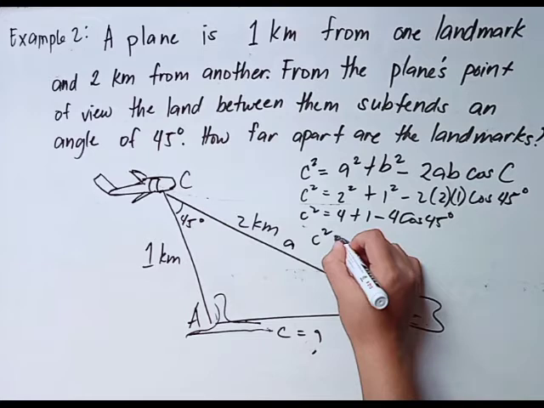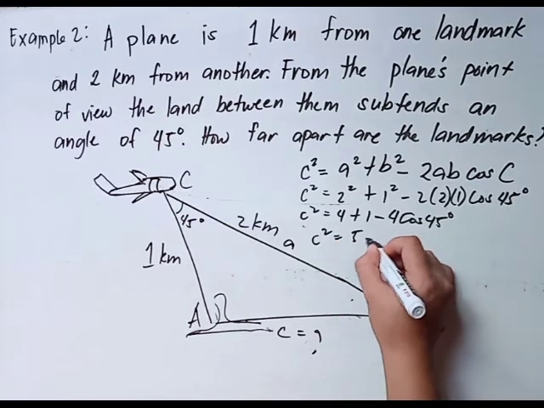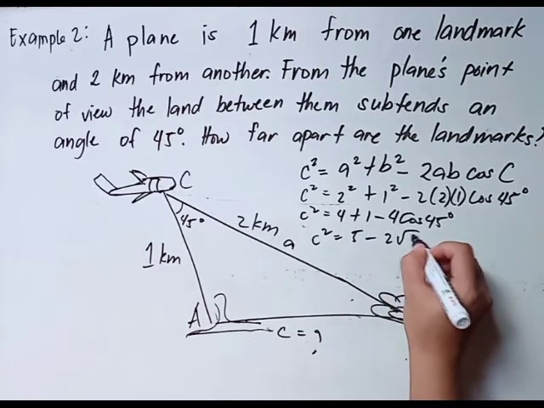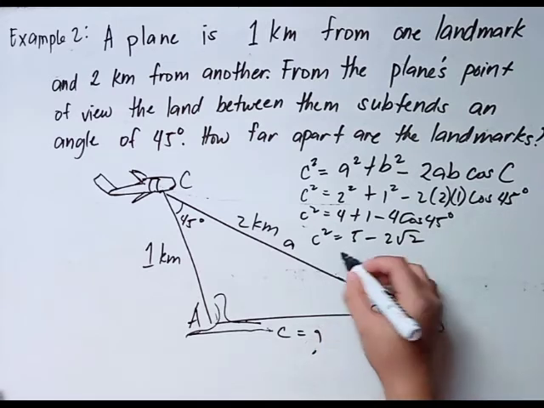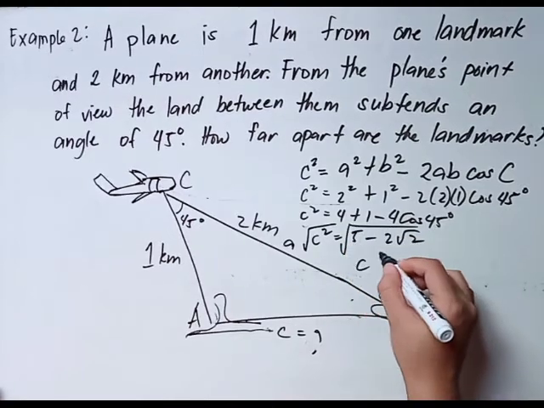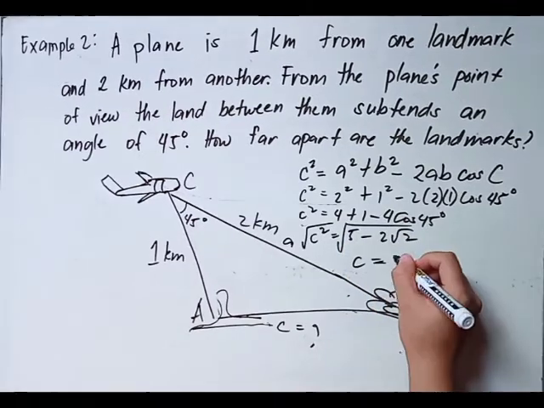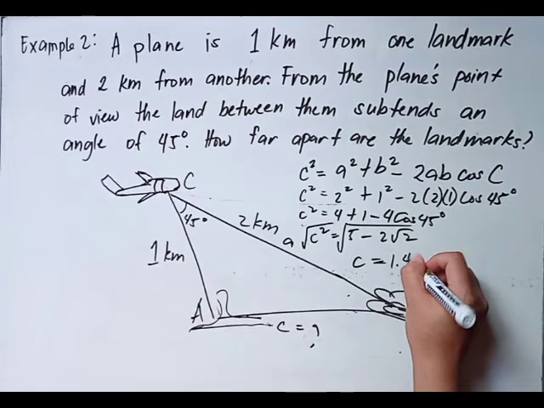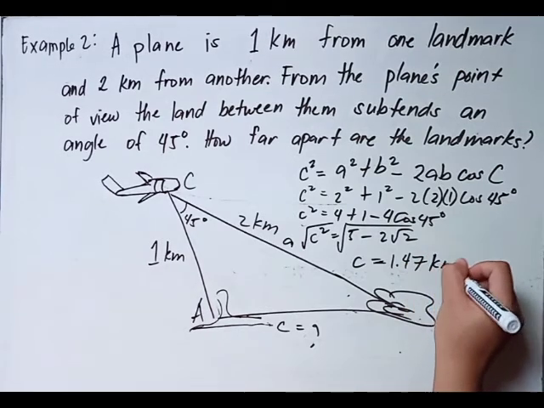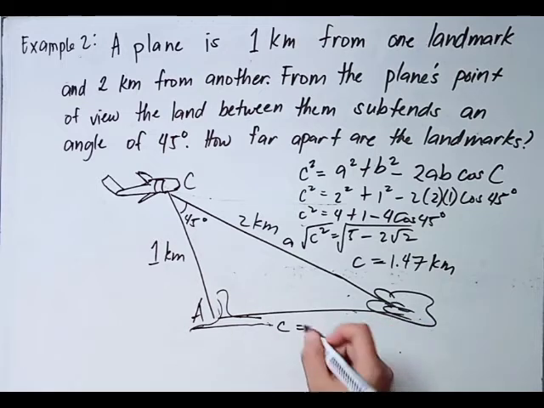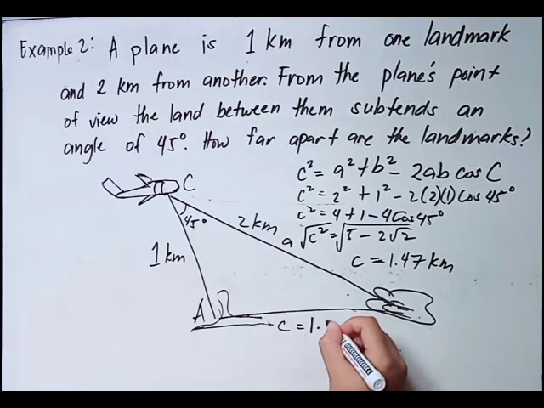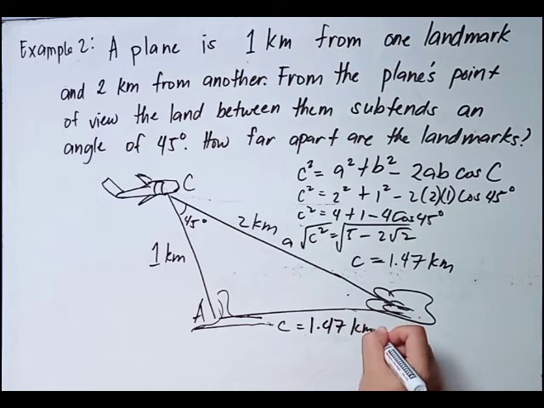So C squared is equal to 5 minus 2 square root of 2. Since we're looking for C, let's take the square root. So C is equal to 1.47 kilometers. So the distance of the two landmarks is 1.47 kilometers.